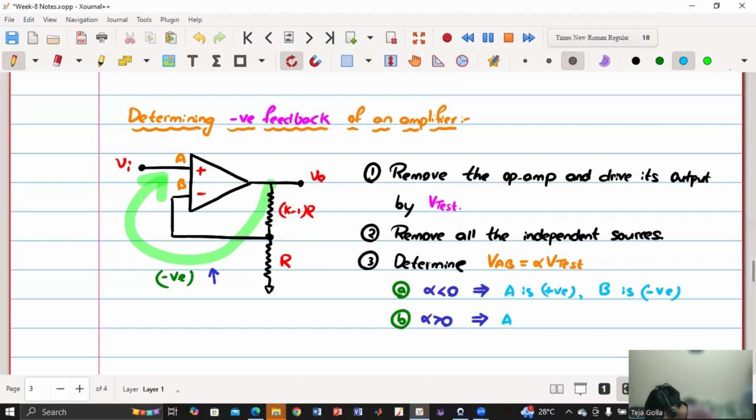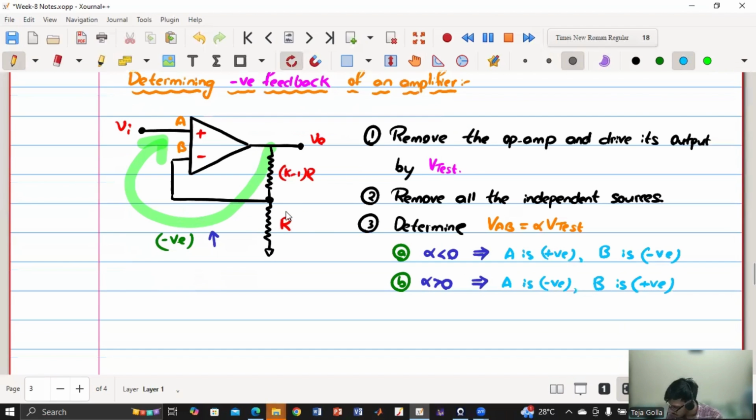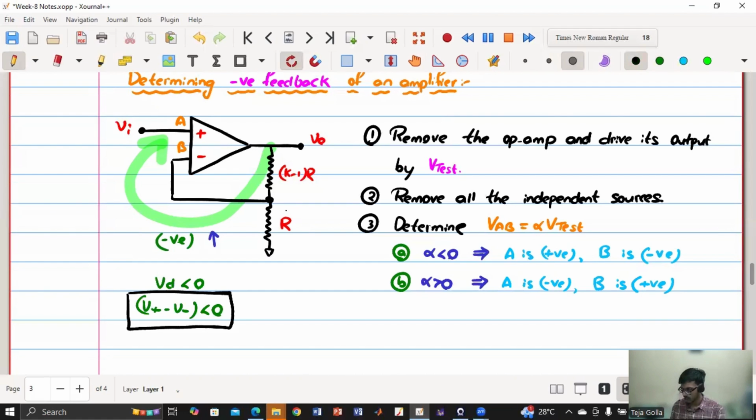Basically, we should get VD negative, which means V plus minus V minus should come negative, and accordingly we'll decide the terminals. If it is positive, the terminals are inverted. If it is negative, then A is the positive terminal and B is negative.